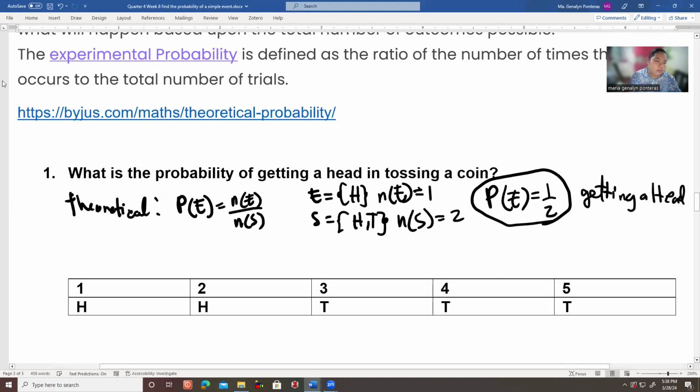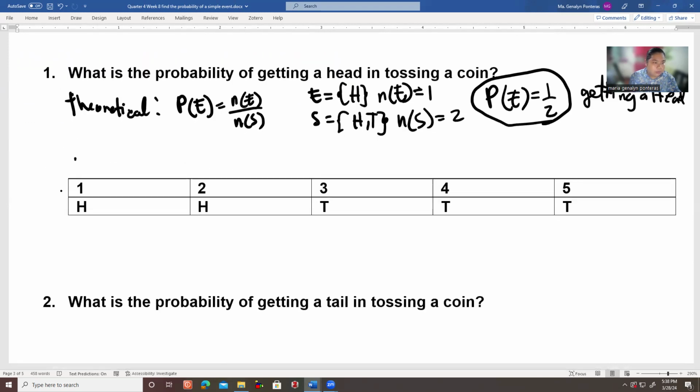However, here is an example of experimental. Let's say we want 5 trials and we actually toss a coin, and here are the results. In the first trial, you have head. Second trial, head again. Third, fourth and fifth, you have tail.